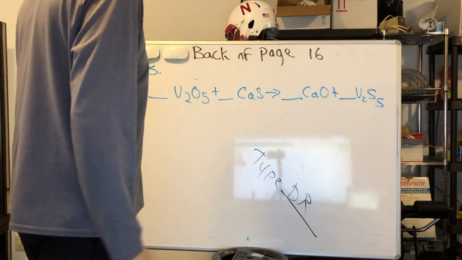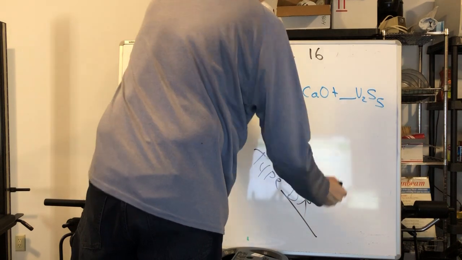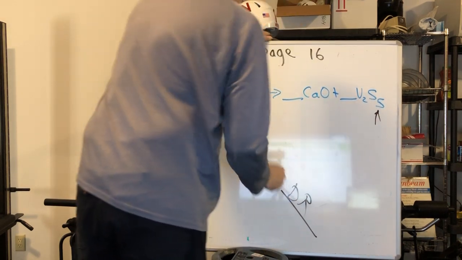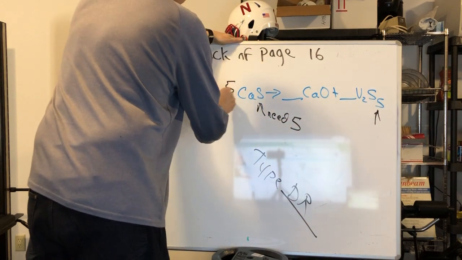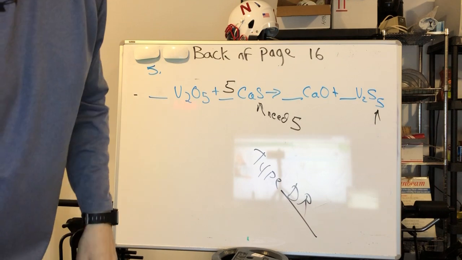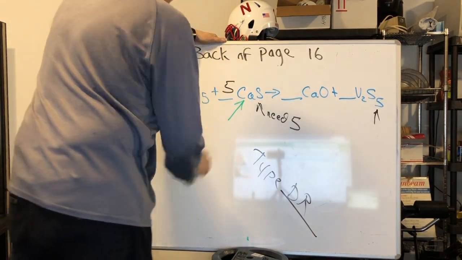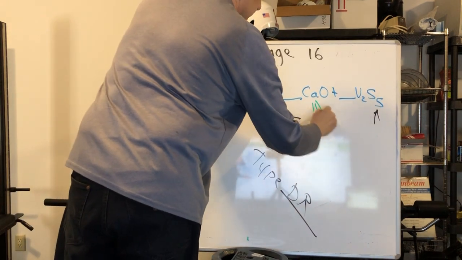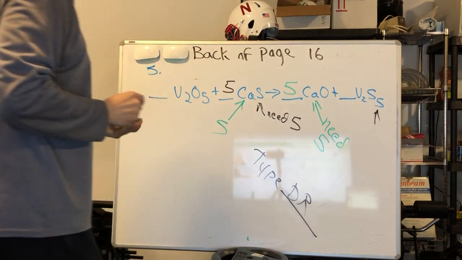So let's take a look. 5 sulfurs. Let's start there. If I go with 5 sulfurs, my need here is 5, so I have to put a 5 out there. Now I'm going to go on to calcium. I have 5 here, so my need here is 5, so I'm going to put a 5 up there.